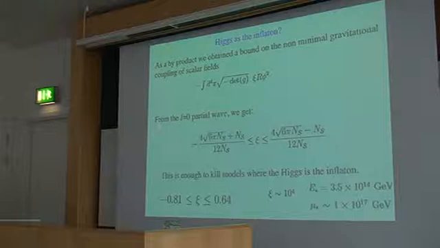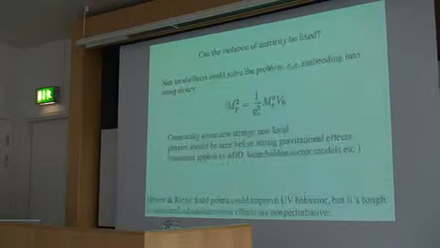From the J equals 0 partial wave, we get a bound on the non-minimal coupling. For 4 degrees of freedom, like we have in the standard model, that's what you get for psi. You see that in this model, they had to pick psi to be of the order of 10 to the 4. That means you violate unitarity at 3.5 times 10 to the 14 GeV, and gravity is expected to become strong at 10 to the 17 GeV. So that's a problem for that model.